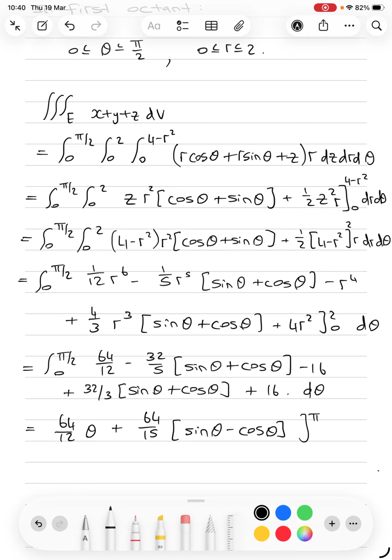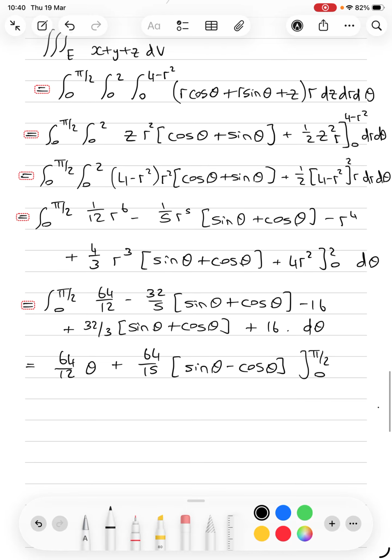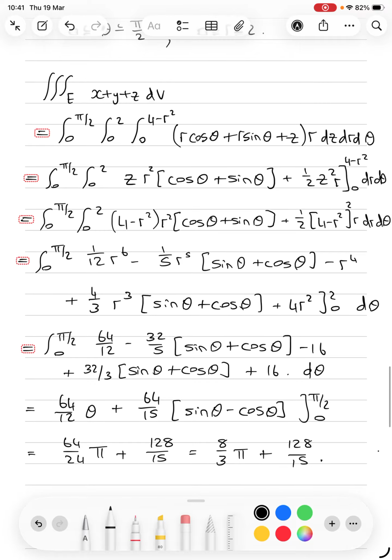And then in go the limits. Right, that being our final answer.